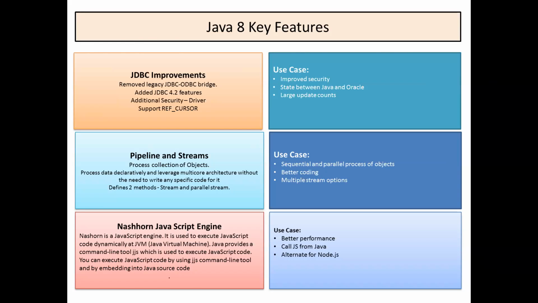Say, for example, in a collection you have 100 objects, and to loop through them and perform some operation, I take 100 seconds.